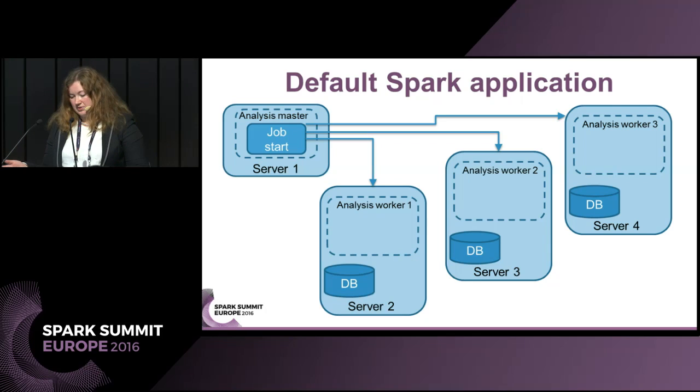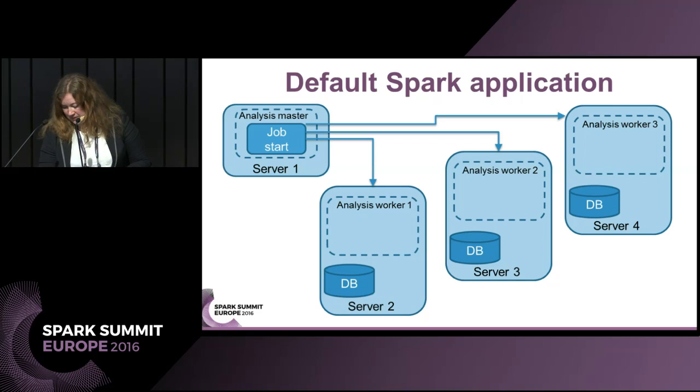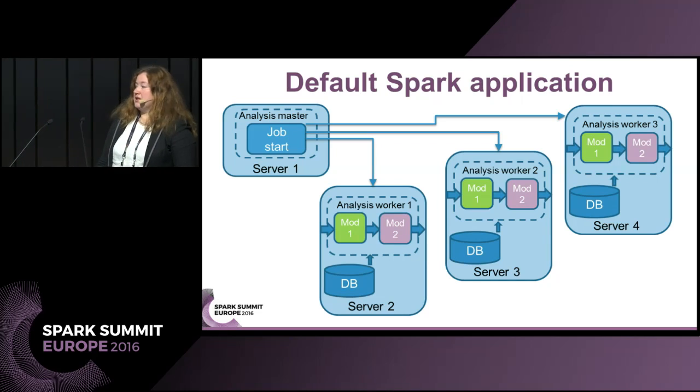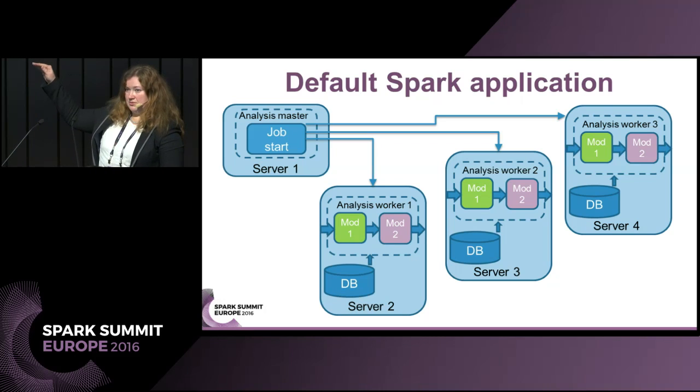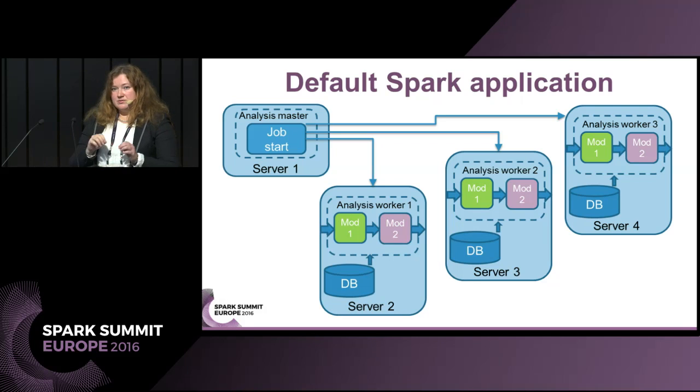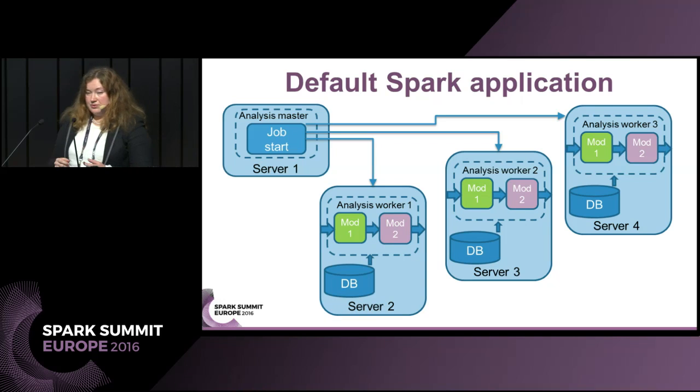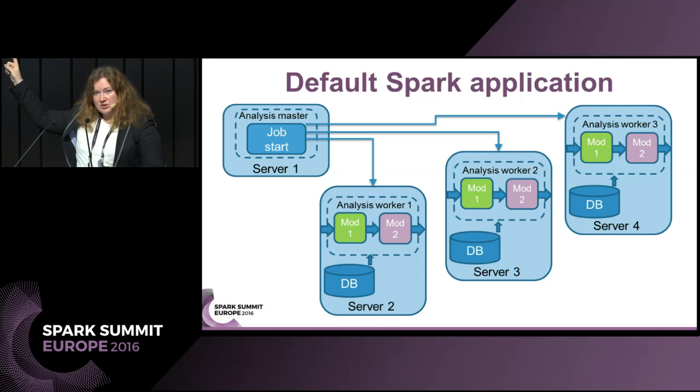You write your driver program for Spark and start the job. When you start the job, every worker receives the tasks and executes them one after another. So this is the default Spark application. It's generated at design time, and after that you can't change anything. So when you want to change, for example, module 1 on every worker, you need to stop the whole application and start it again.